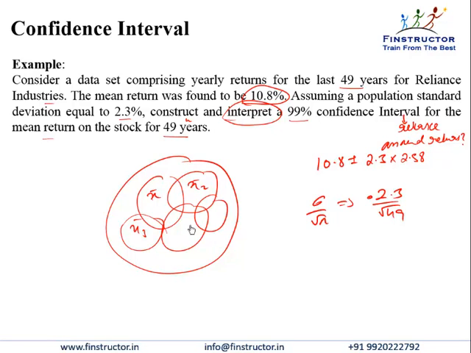So in this case, if I take any other 49-year period and I calculate the mean return in that period, then the expected value of the mean return is 10.8, and 99% of the times the mean return will be in the range of 10.8 plus 2.58, that is a reliability factor, or 2.575 for a normal distribution, multiplied by the standard error, and 10.8 minus 2.58 into 2.3 upon root 49.